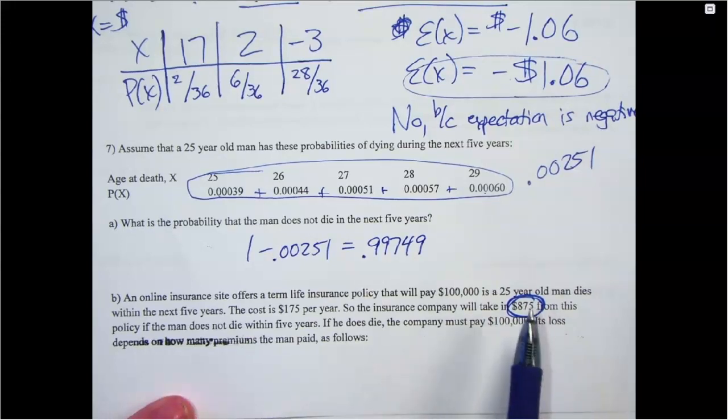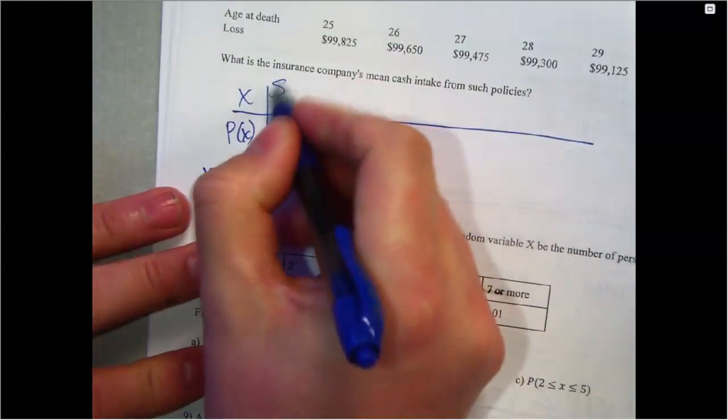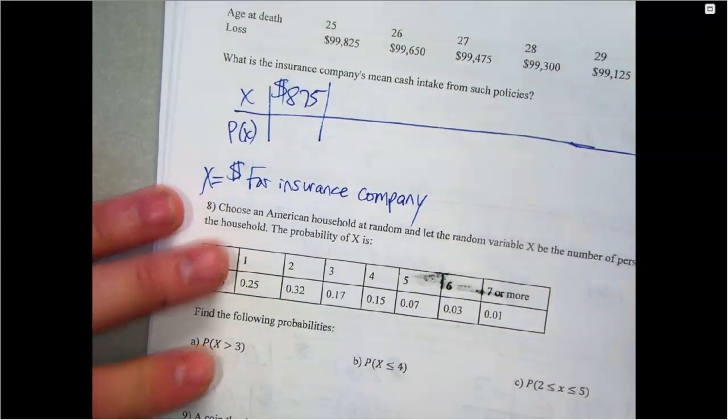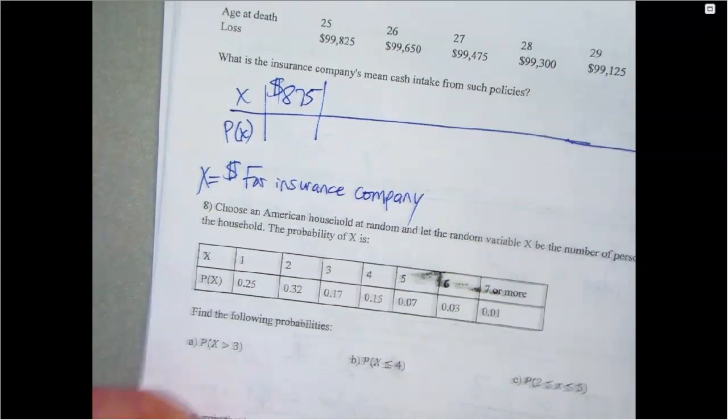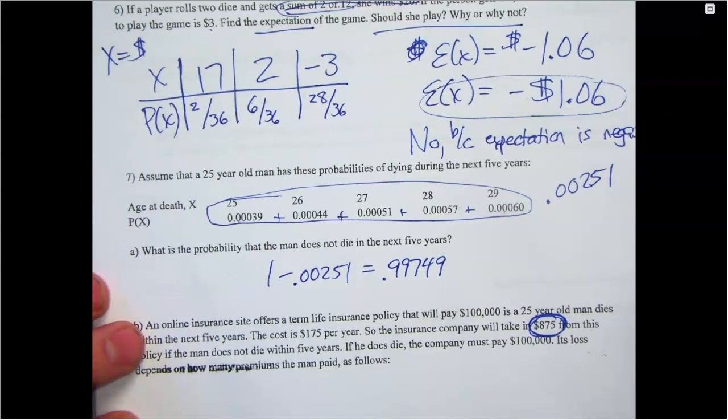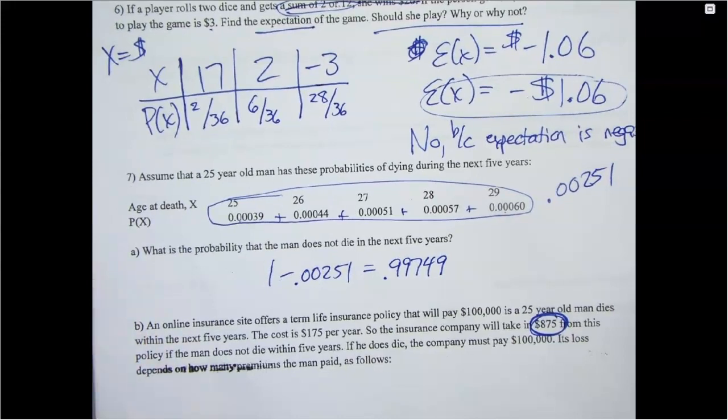So the insurance company will make $875 if this person does not die within the next 5 years. They'll profit if this person does not die within the next 5 years. Well, what's the probability that this person does not die in the next 5 years?